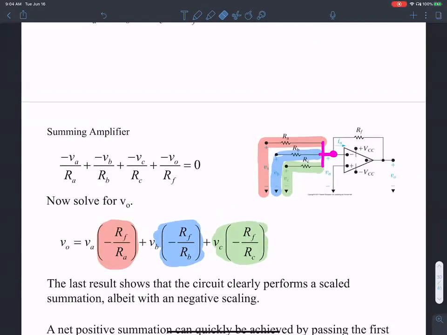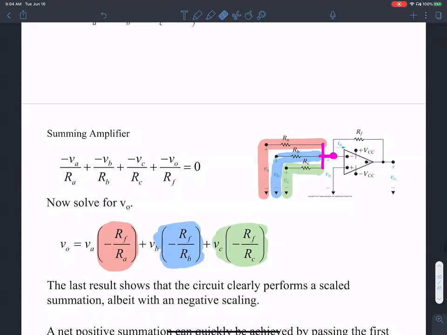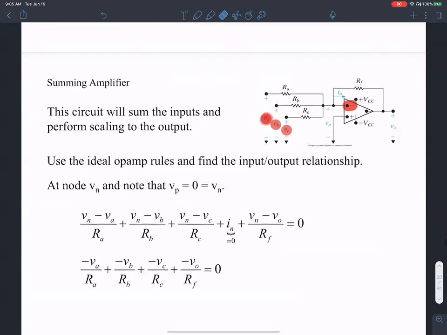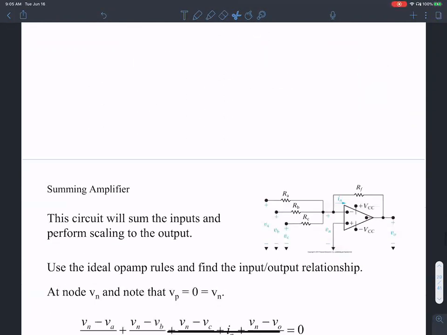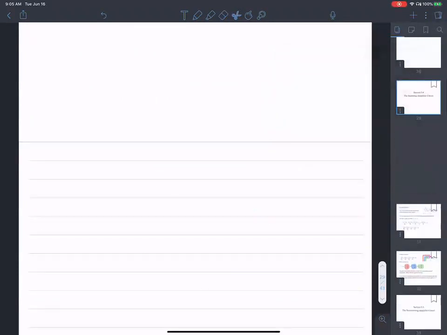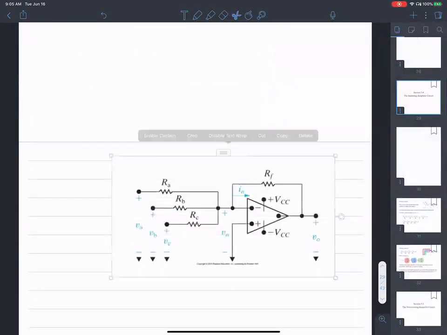There are three separate inputs added at that node, and as a result, we have this sum over here. So this is what I'm going to do. Let's begin the analysis of this by copying the summing amplifier, and I'm going to add a page over here and paste the image.